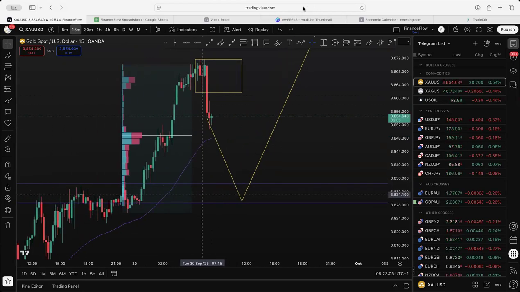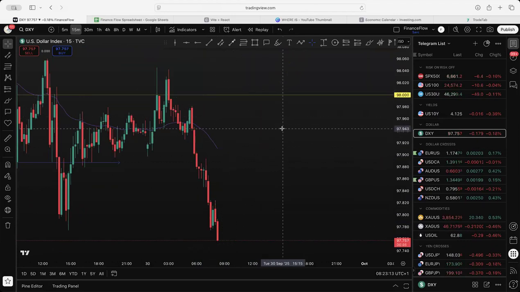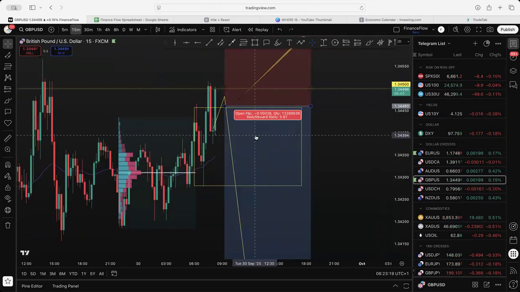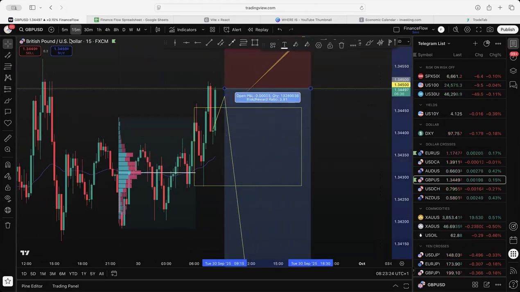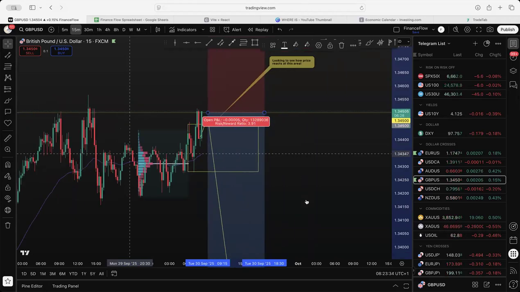That would mean this move is the dollar regaining its strength, potentially coming up to test 98. It will then drag down Euro USD and GBP USD. I do like where GBP USD is, but I want to see this level holding. As soon as that breaks, we're out, we're done. So just be aware of that.